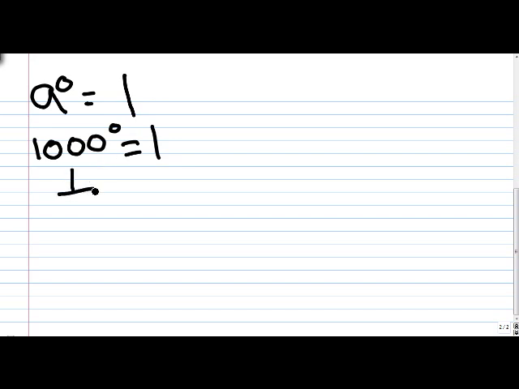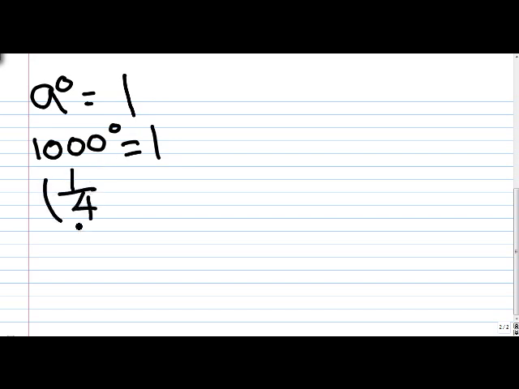Okay, so some people actually find this interesting. A to the power of 0 is actually equal to 1. That establishes the fact that anything to the power of 0 is 1, no matter how complicated the number is.